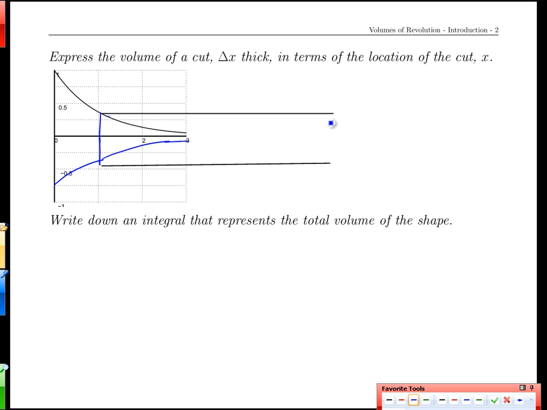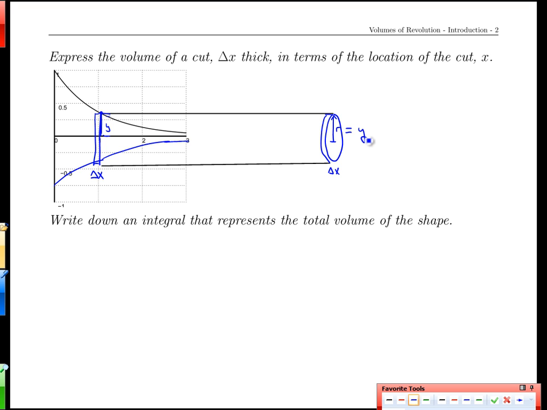The shape we're going to get is a circle, and it's going to have a little thickness, delta x. Delta x is that thickness there. So if we take a generic slice and want to find its volume, we already know one dimension, its thickness. The other dimension we want to know is the radius. The key thing is that the radius is equal to the y height, the y coordinate. If I know the y coordinate on this graph, that's also the distance between y equals 0 and the point.